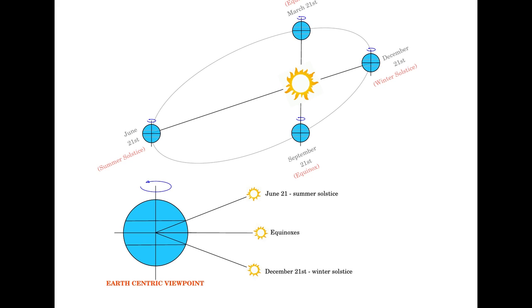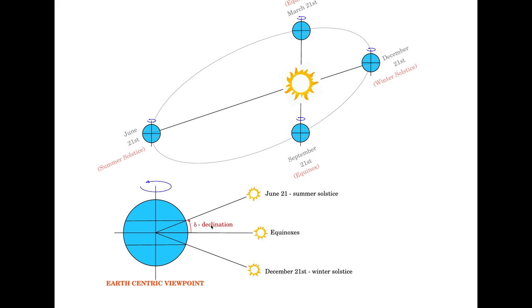One important angle that I want to introduce here is the angle between the equatorial plane and the line joining the center of the earth and the center of the sun. That is this angle. This angle is called declination, and it is denoted by the symbol delta.